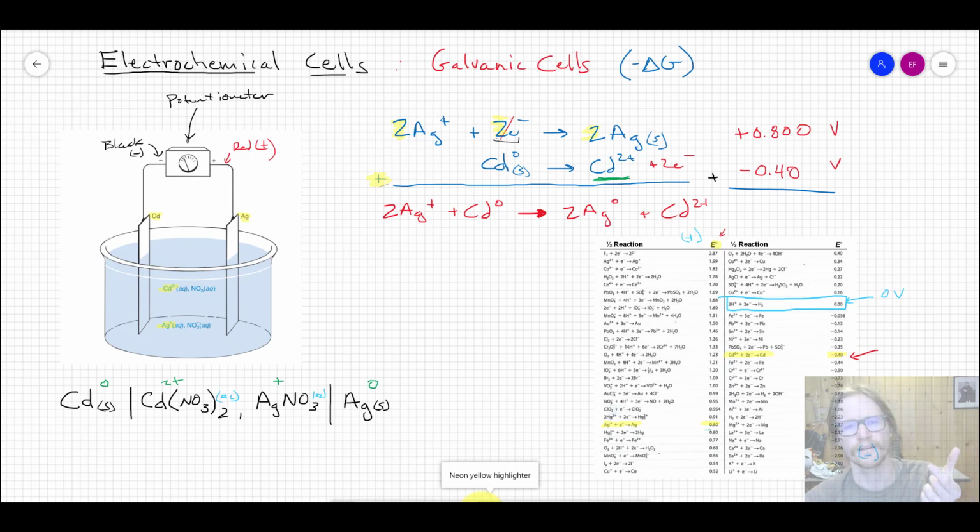If you flip the directionality of a reaction, then you're flipping the sign of its respective intensive property here. So that means we would flip this, and if we flip the half reaction, that means this thing becomes positive. And then we can just add these things, and this becomes a positive 1.20 volts.